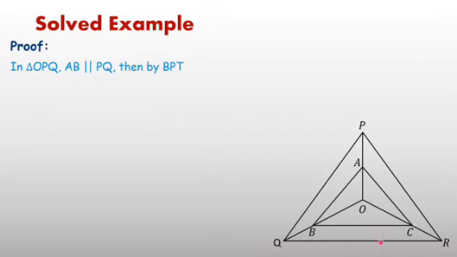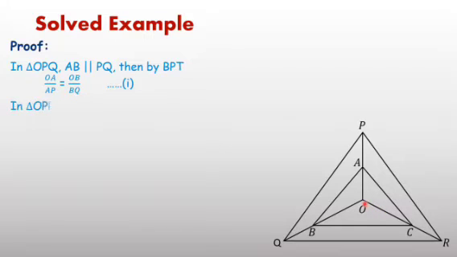Just observe carefully. In triangle OPQ, AB is parallel to PQ. And if AB is parallel to PQ, we can apply BPT. By BPT, the result you will get is OA upon AP equal to OB upon BQ, equation first.